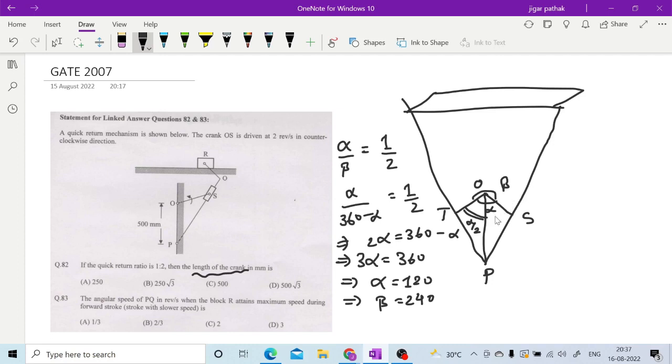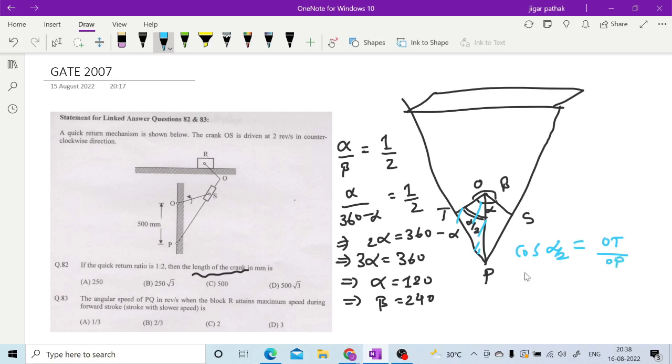So here the crank is OS or OT, and this angle is alpha by 2. If you take this particular triangle OTP, then cos alpha by 2 is equal to OT upon OP.